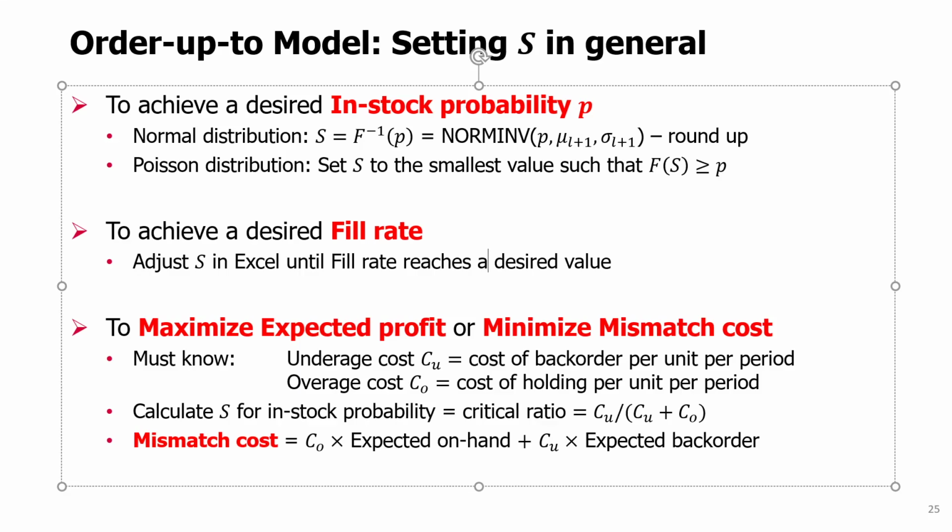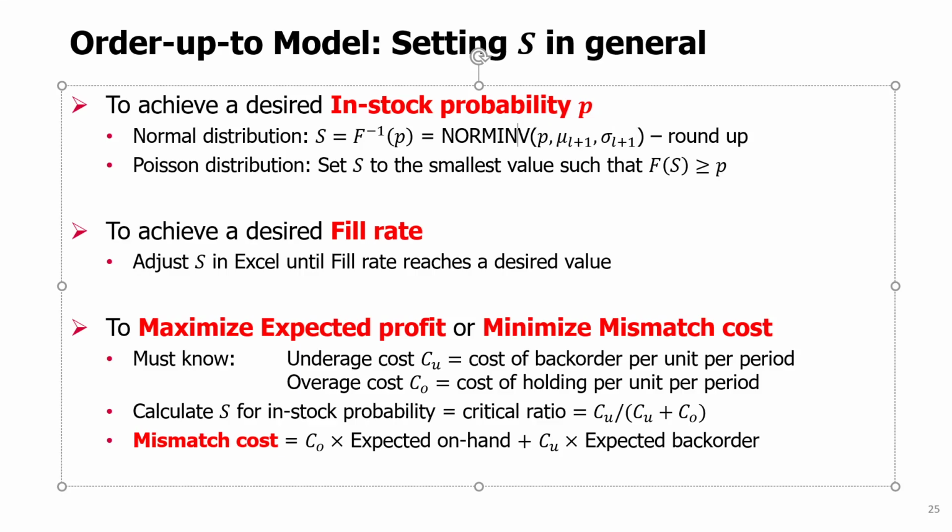So first, if you want to achieve a desired in-stock probability P, and if your demand has normal distribution, then all we need to do is find the inverse of the cumulative distribution function for the demand for the desired probability P. But remember, this has to be the distribution of demand in L+1 time periods, right?